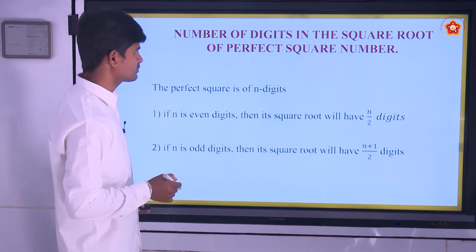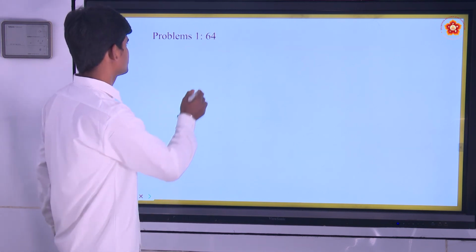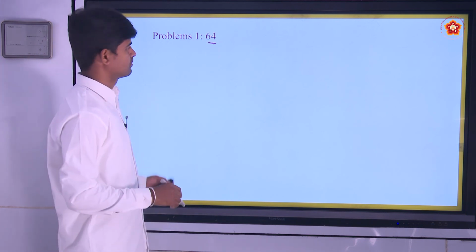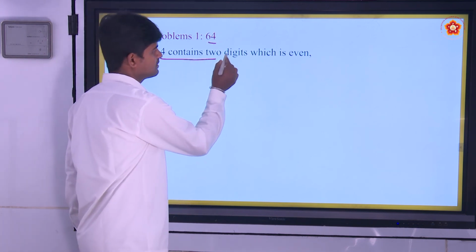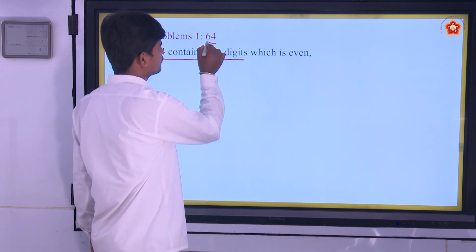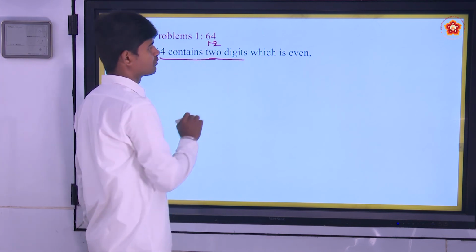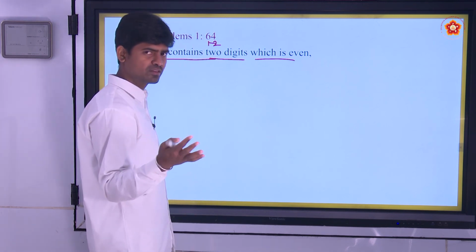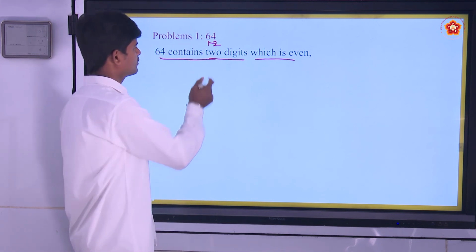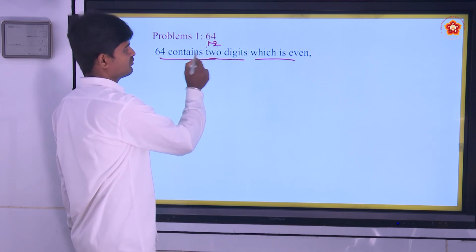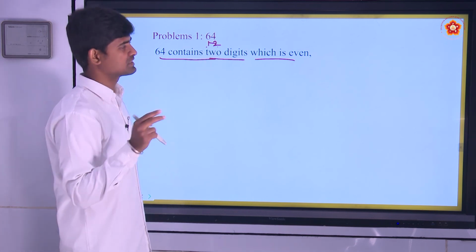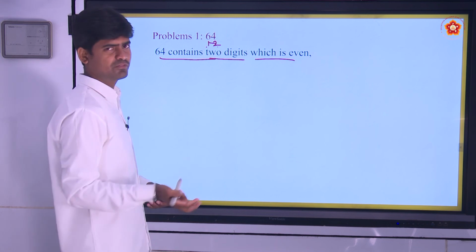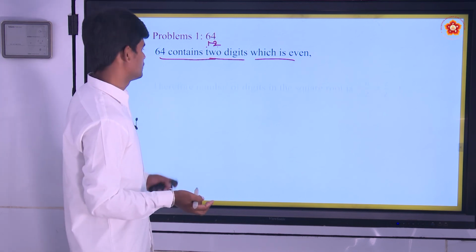That is the formula. Let's see problems. 64 contains 2 digits, 1, 2, which is even. 2 is even, 4 is even, 6 is even. So 64 contains 2 digits, which is even. So what is the formula? n by 2.